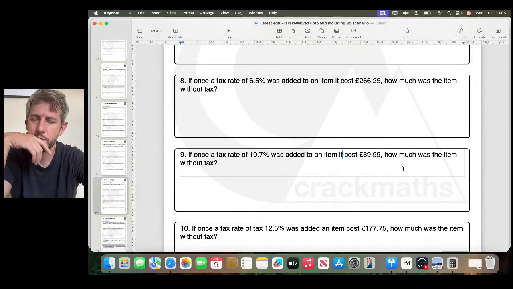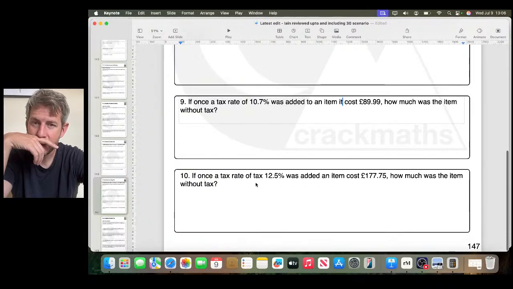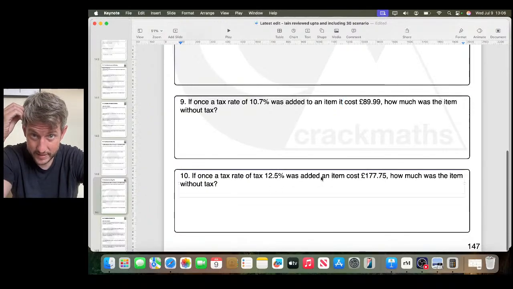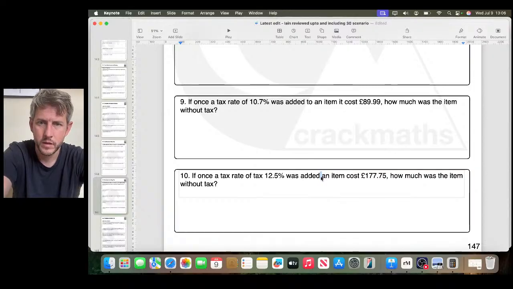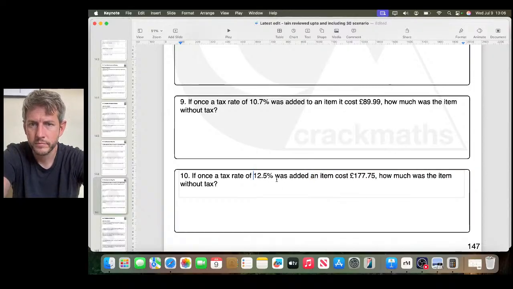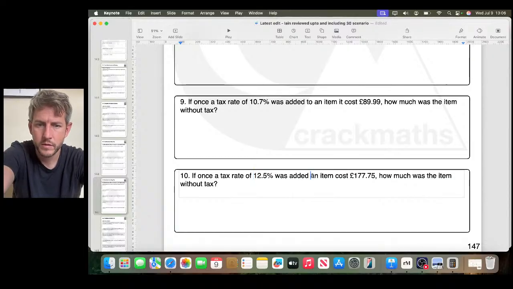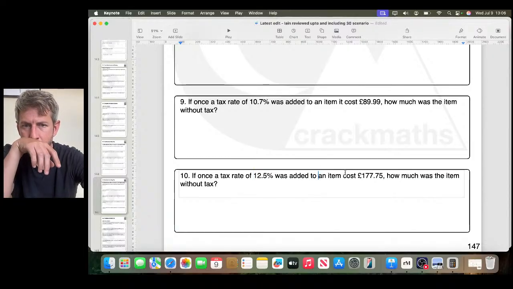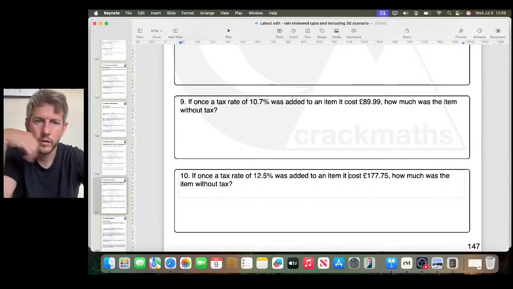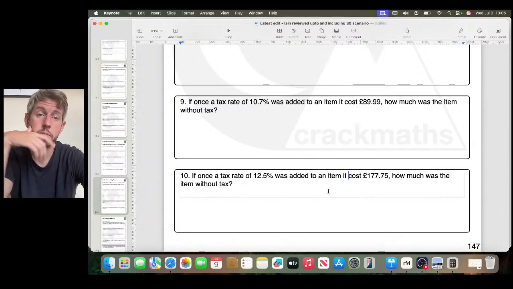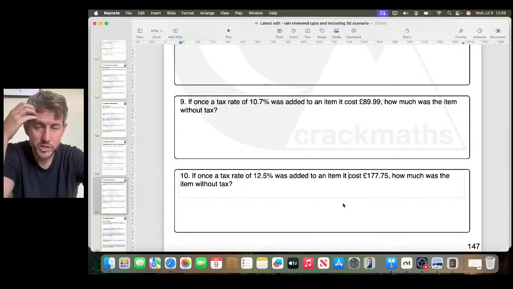How much was the item without tax? If once a tax rate of 12.5% was added to an item, it cost £177.75. How much was the item without tax?